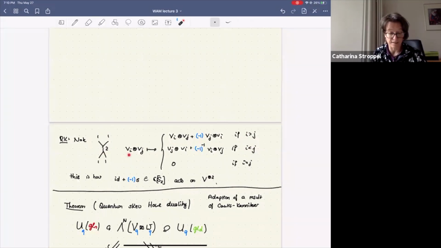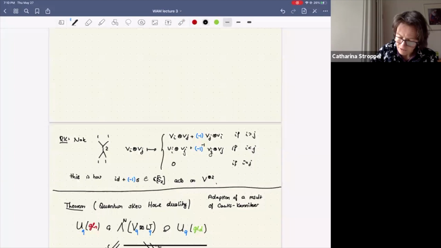And if the two things are the same, then what will come out is 0, because the merge was somehow putting wedges together. So what you see here is that this whole map, what it does on Vi tensor Vj, is the identity plus -1. I wrote something wrong. The indices are wrong.